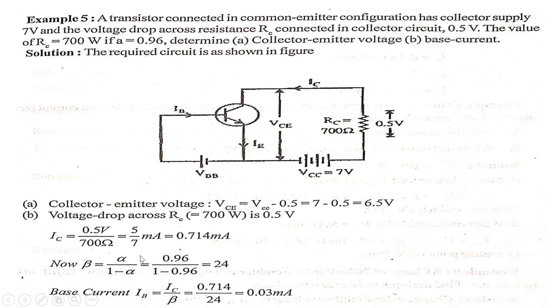And beta equal to alpha upon 1 minus alpha, that is equal to alpha is here 0.96 upon 1 minus 0.96 equal to 24. Base current IB equal to IC upon beta, that is equal to 0.714 upon 24, that is equal to 0.03 milliampere.